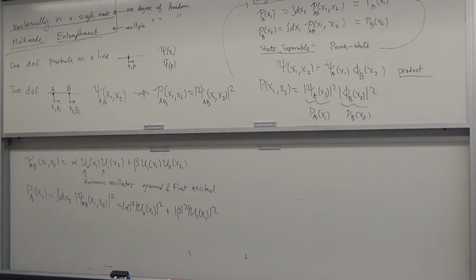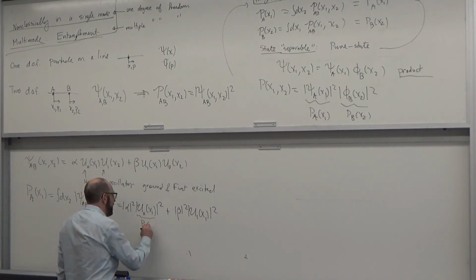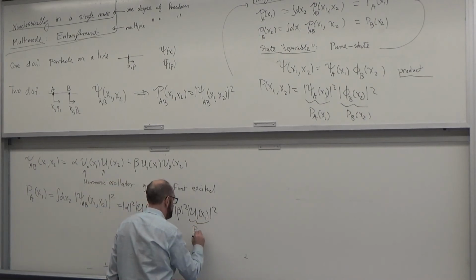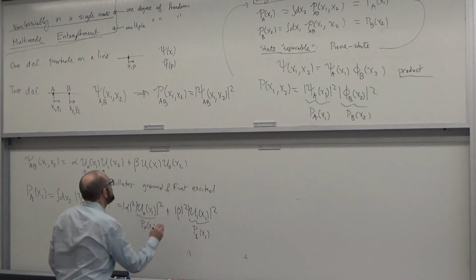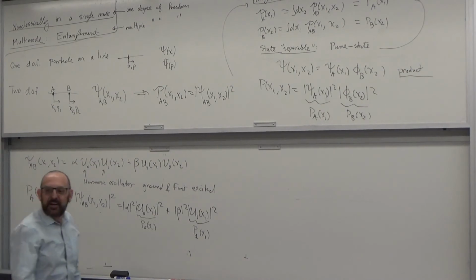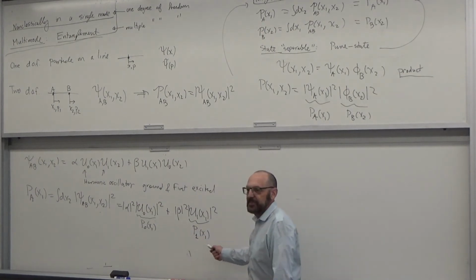This is a statistical combination of these two probability distributions. This is what is sometimes called a convex combination. It's a heavy-handed word. But it's a statistical mixture of this and this.